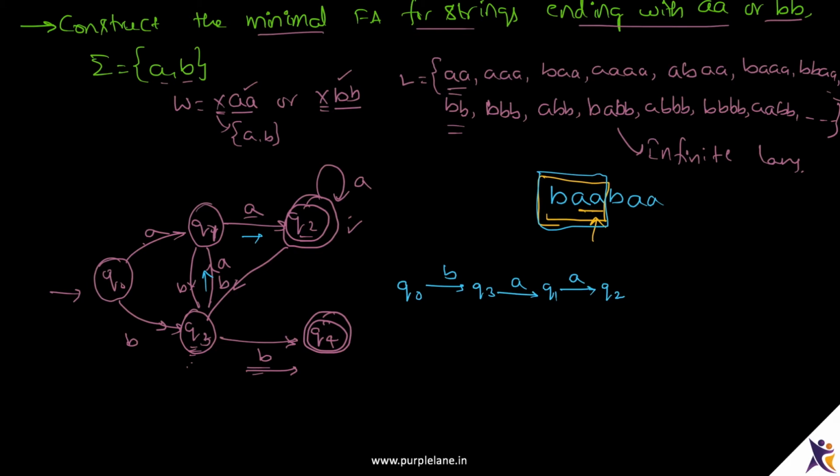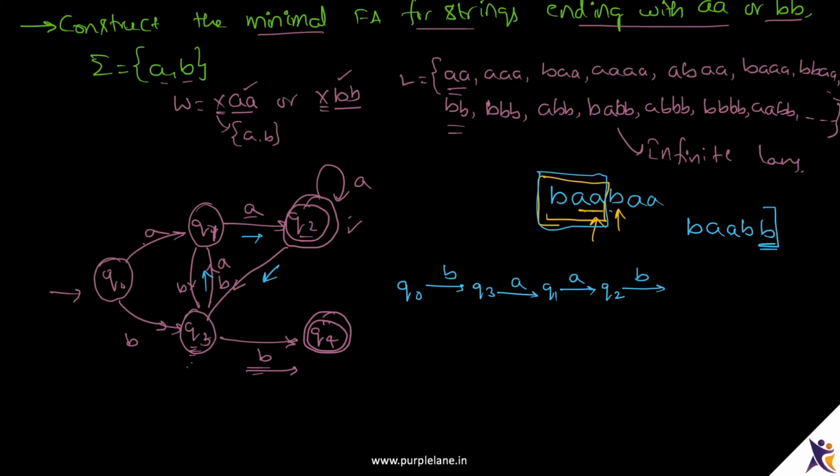So at Q2, when we see a B, we go to Q3 hoping that the next symbol might be a B. It hopes that the next symbol might be B and then it is the end of the string.